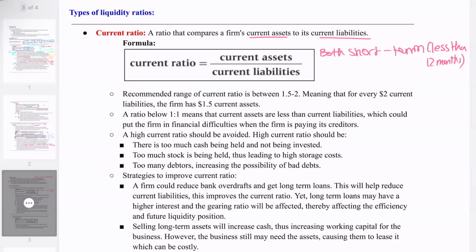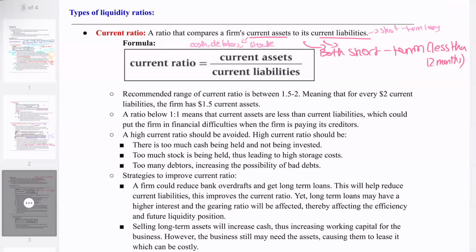What are current assets? Cash, debtors, stock. Current liabilities: short-term loans. Okay, so less than 12 months, and this is for both of them, right? So you end up dividing current assets by current liabilities. So this is how you do it.